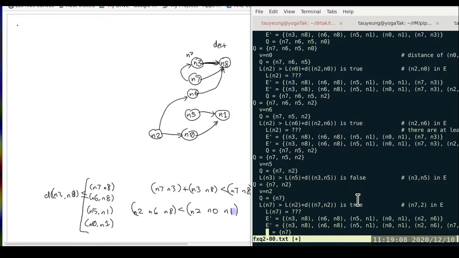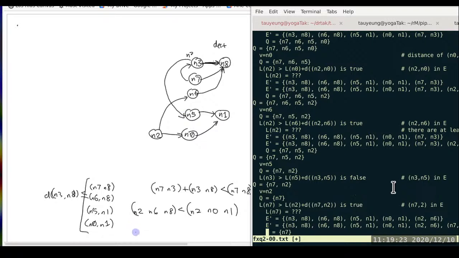And then we look at n3, n5. So n3 has been introduced already, so there's an n3, n5, but it did not trigger an update. It did not get to the then portion of the conditional statement.